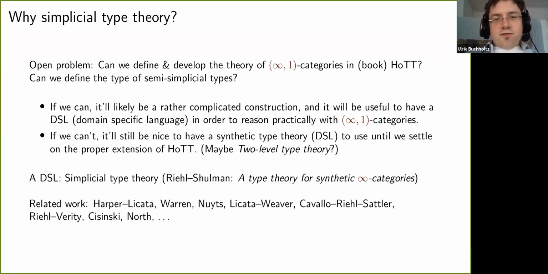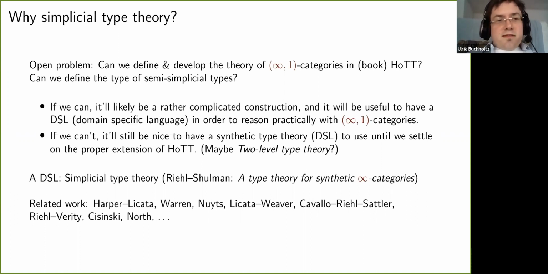On the other hand, it seems just as difficult to prove that it's impossible. So there's sort of two ways this can go. Maybe there'll be some very complicated construction. And then it might still be nice to have a domain-specific language, a type theory or something like that, that we could use to reason synthetically with infinity one categories and then compile this language into HoTT and then apply it to some higher categories you encounter in nature.